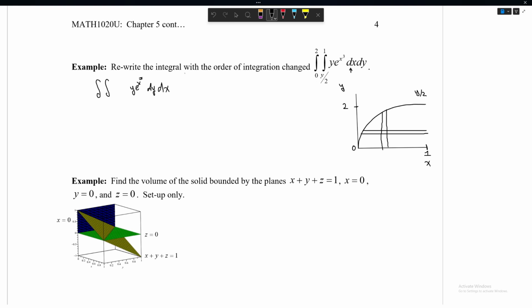I do know the outside bound, the dx, has to be numerical, and I know my x bounds from 0 to 1. Now, how do I know it's 0 to 1? I actually don't know, so let's check. This is my x, and it goes from this function to 1, but we don't know where the function starts. So how do we find it? What we can do is sub in. I know my y starts at 0.